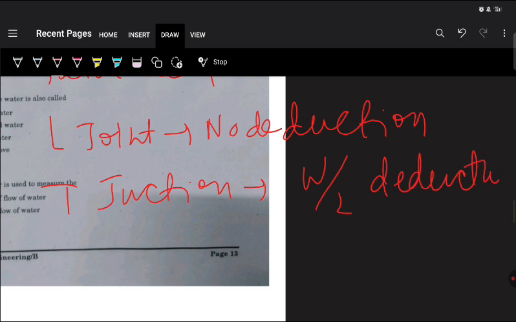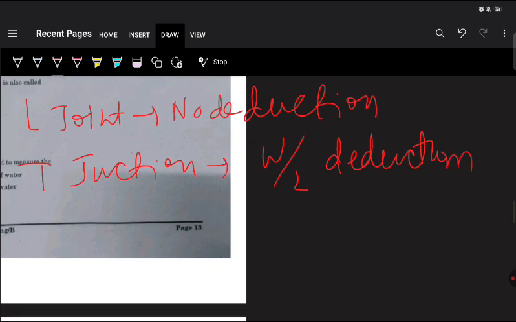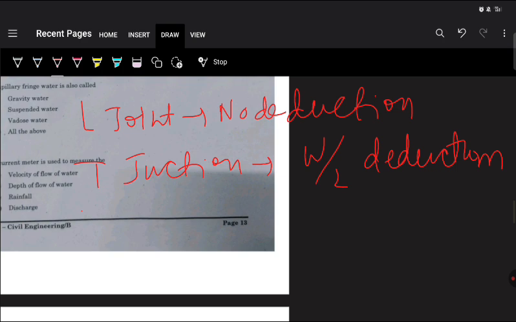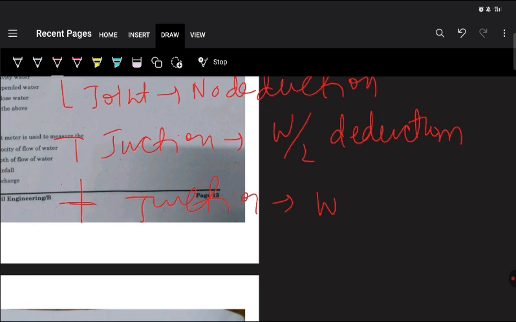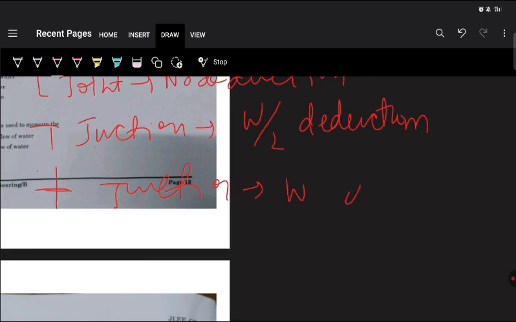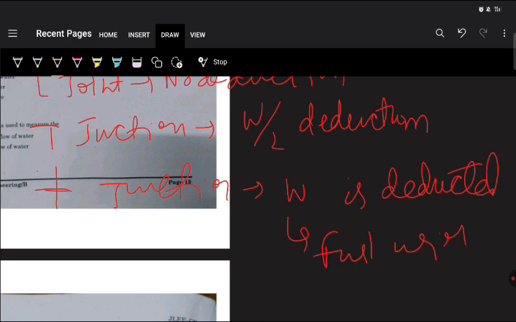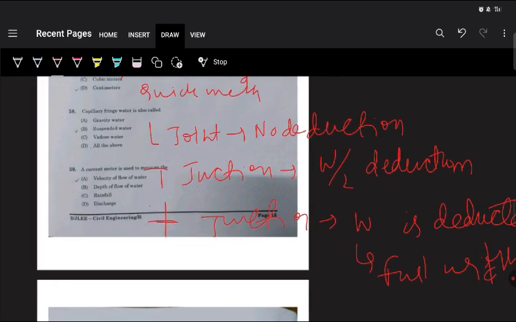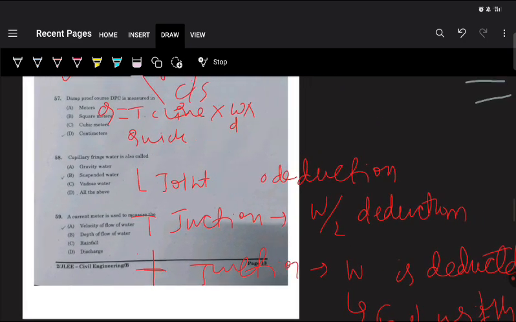Here W means width of the wall. If there is a cross junction, then the full width of the wall, W, is deducted. Remember, these things are important.